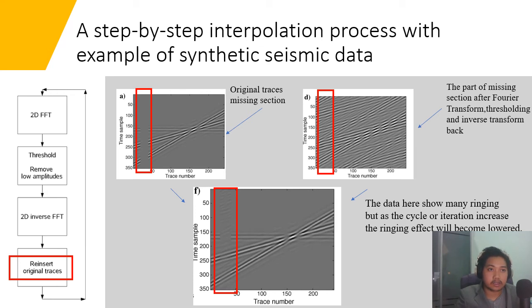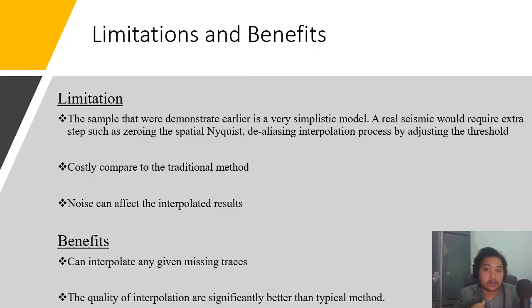Okay, so now that we know how to do the interpolation process using the Gerchberg-Saxton method, we will move on to the limitations and benefits of using this method. The first limitation: I need to remind you that the sample demonstrated earlier is a very simplistic model.